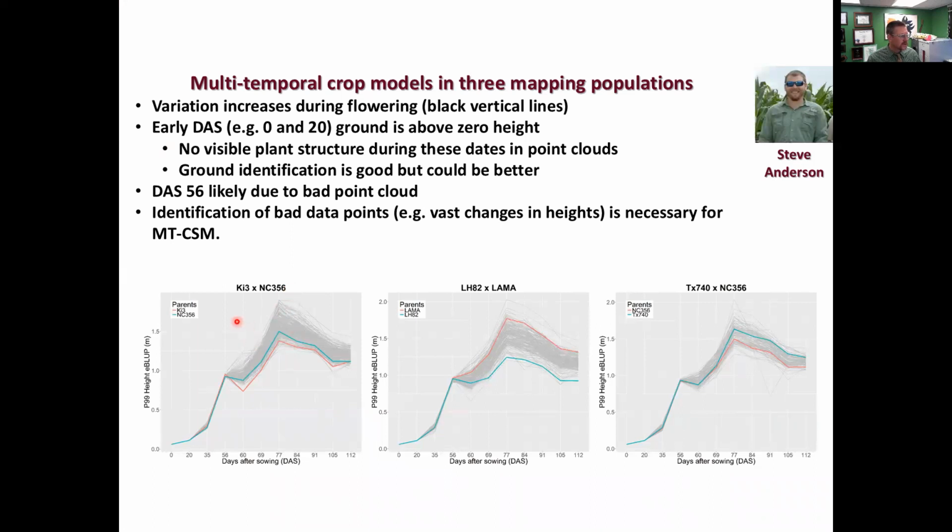Now, some of this has to do with these not being completely homozygous inbred lines. I think these were like F5s, so there's a little hybrid vigor there. But in this case, you can see that there's not as much transgressive segregation, and you can see the differences between the various recombinant inbred lines. And so this is day after planting on the x-axis, and then the plant height measured by the UAV.